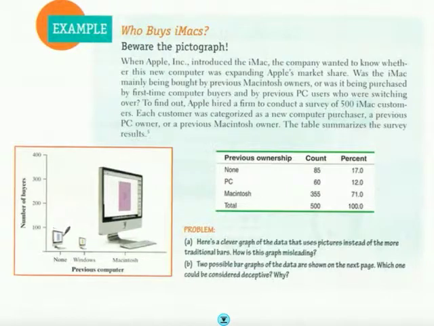And then it shows people that were new computer owners as almost nothing. This computer is quite a bit bigger than this. But if you look at your actual counts, the people that were new computer owners were only at 85, and the PC owners were at 60. That looks like quite a big difference here. Also, if you think about it, 85 is almost 100. Is this computer 3.5 times as big as this one? I would say no.